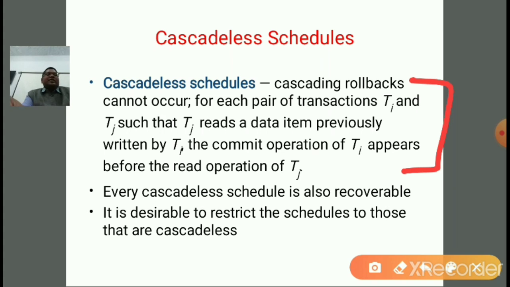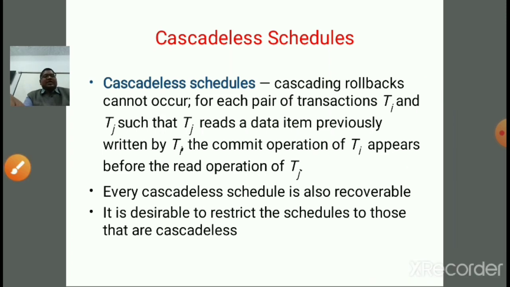Now every cascadeless schedule is also recoverable. It is desirable to restrict the schedules to those that are cascadeless, right?